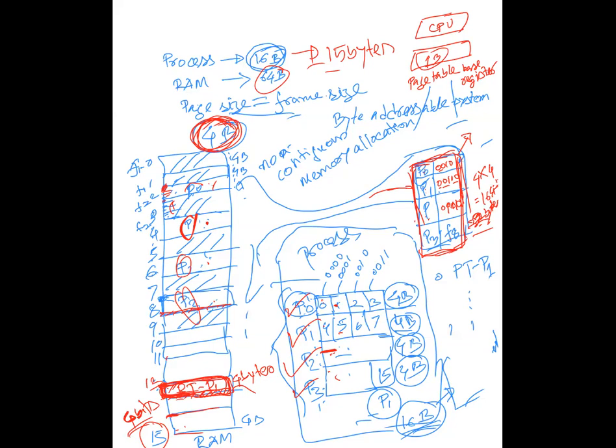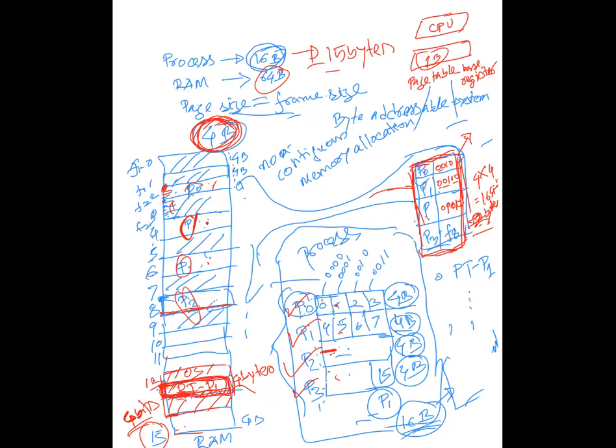So the page table is always loaded in a fixed location. It is usually inside your operating system process. Let's say your OS is loaded here. So it is always inside your OS process, a secure location.